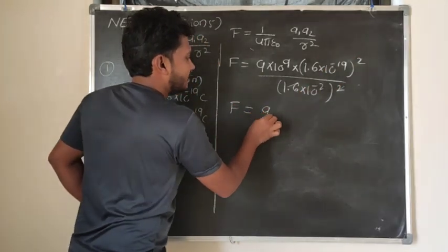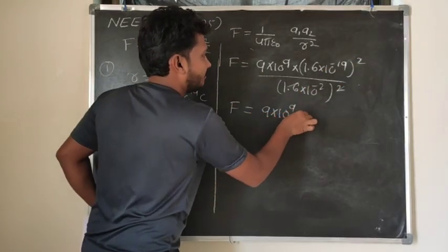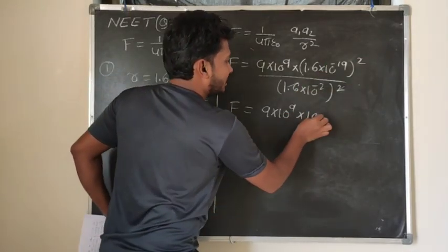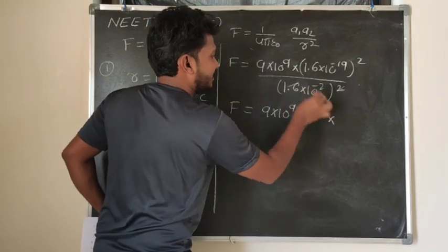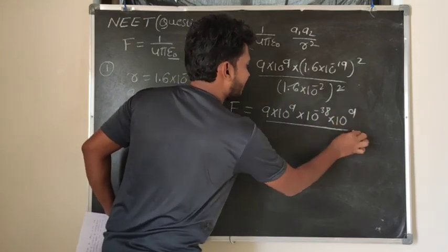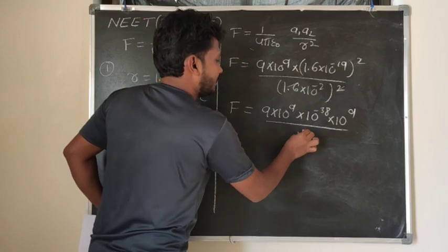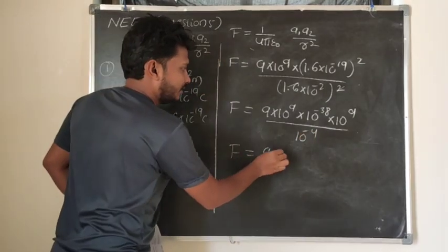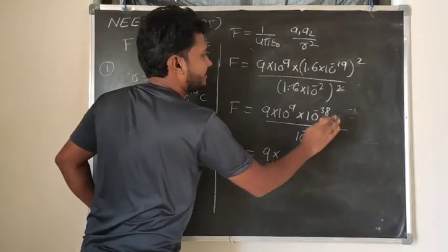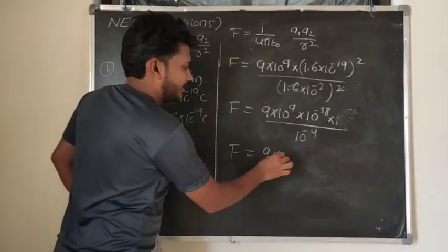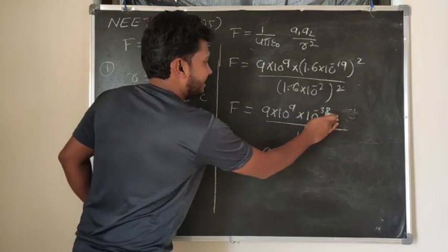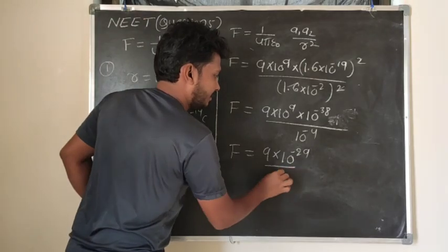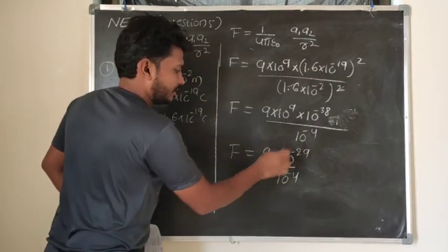So F is equal to 9 into 10 to the power of 9. 10 to the power of minus 19 square is 10 to the power of minus 38, divided by 10 to the power of minus 4. So F is equal to 9 into 10 to the power of minus 38 plus 9, that is minus 29, divided by minus 4.